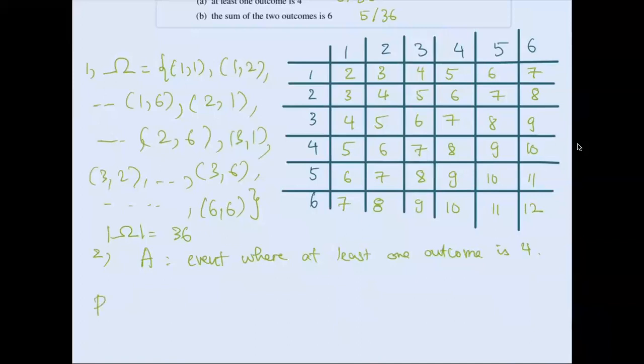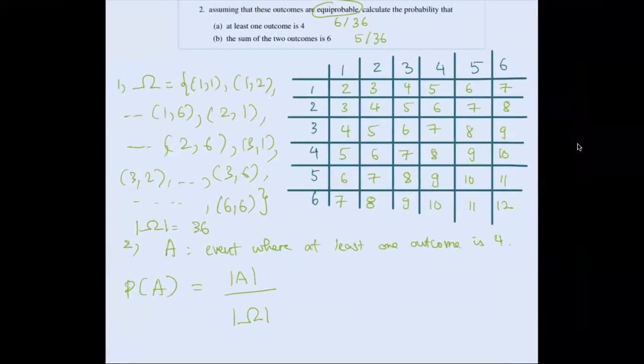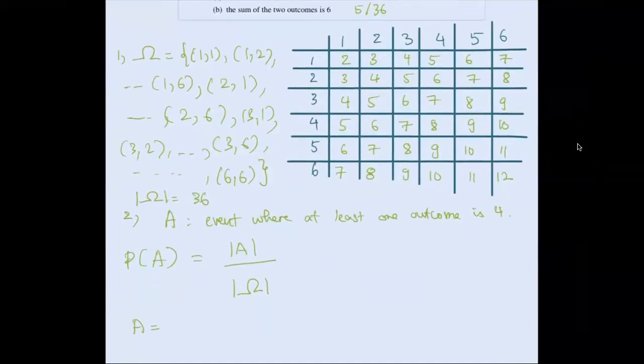So here, if I want to know the probability that I have at least one outcome that is 4, I have to take the cardinality of A, which is the number of elements in A, divided by the cardinality of the sample space. So in the midterm, what we expect you to do is write out what A is. What does A contain? Don't just write the final answer, because even though I see that you are giving the correct answer, and I think that you know what is going on, you didn't really show us your whole process, so you might not get full marks.